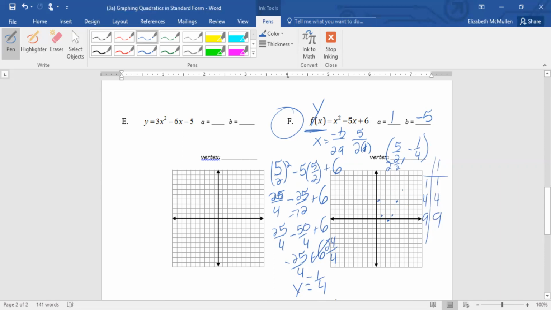It's going to be really hard to count 9, 4, 5, 6, 7, 8, 9, here and here. So this was a little awkward to graph because we're halfway in between boxes and a quarter of the way. So just do your best. I'm not expecting perfection on these fraction ones. But know that just because you have a fractional vertex doesn't mean that it's impossible to graph. You still graph that guy.